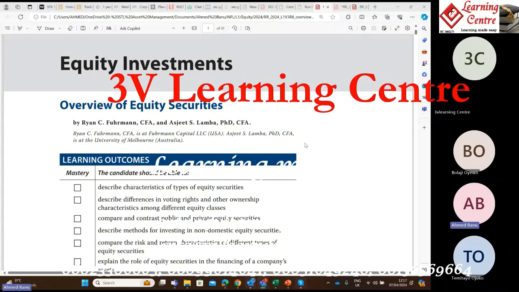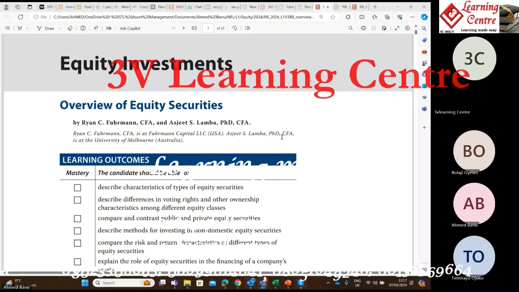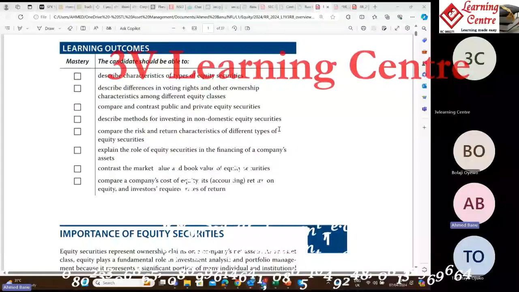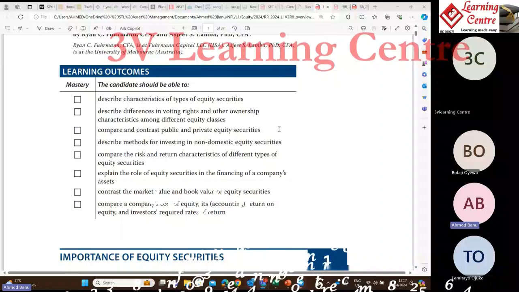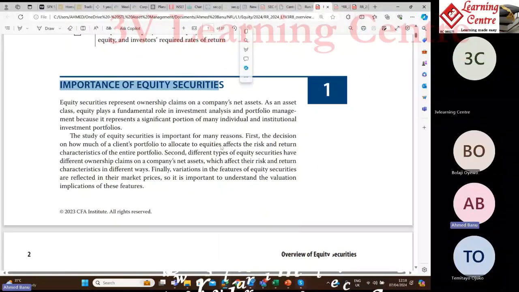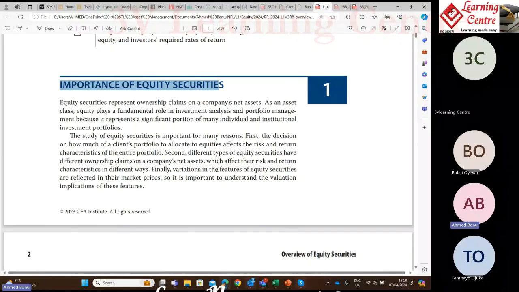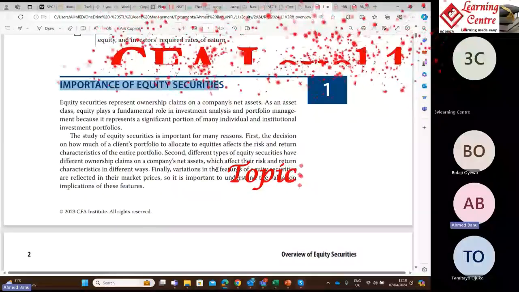And the first reading is overview of equity securities. So why equity securities? Importance of equity securities. Basically, what is equity investment? What are equity securities? Stocks.